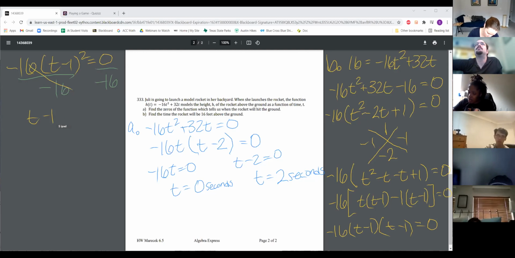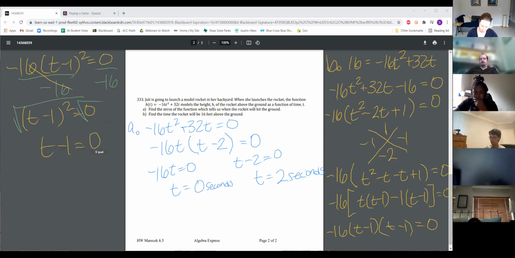And then we could square root both sides. We talked about that earlier. To get rid of the square, so it's gone. And just get T-1 equals 0. And then you add 1, and then it would be T equals 1.